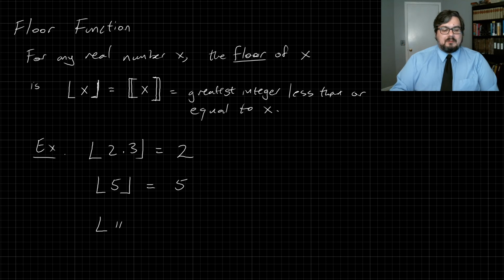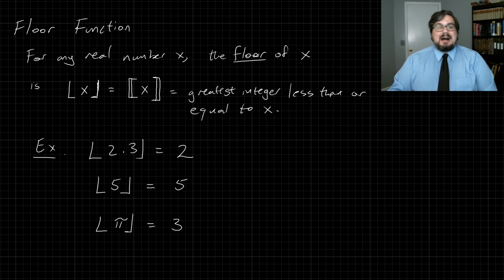The floor of pi is equal to 3 because pi is approximately 3.14, etc., and the greatest integer less than or equal to that is 3. The floor of the fraction 3/4 is 0. That's the greatest integer less than or equal to x.